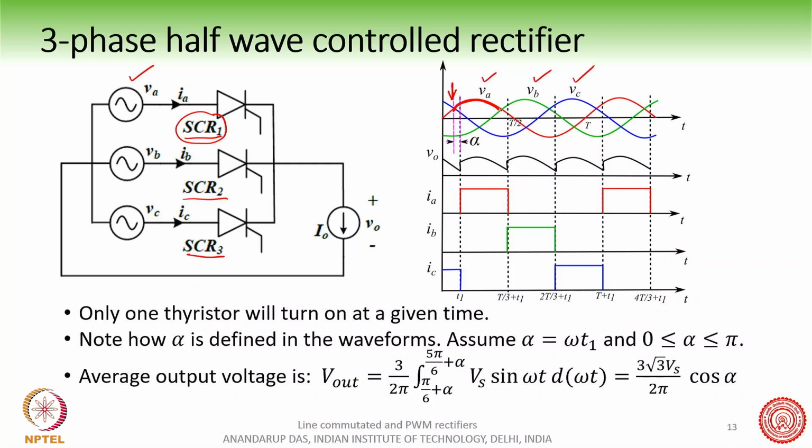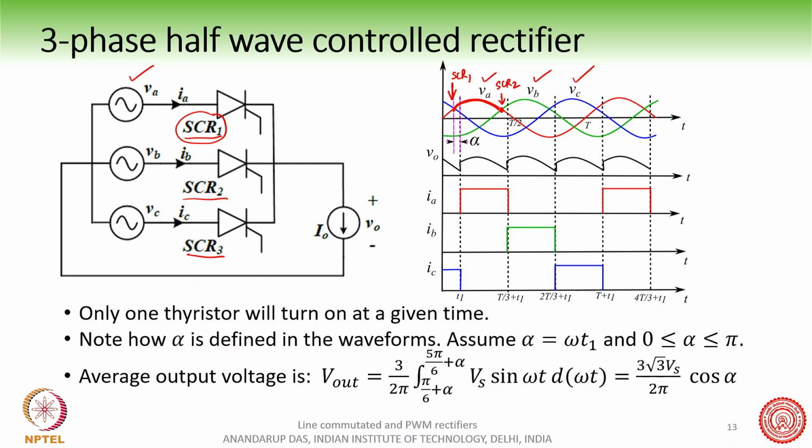Similarly, the B phase has its natural starting point where, from this point onwards, B phase is maximum. So SCR 2 can be given a gate pulse at this point, and SCR 1 can be given a gate pulse at this point.